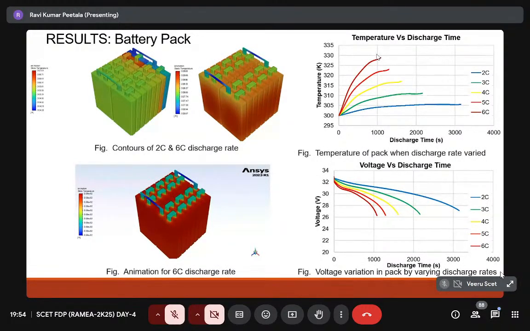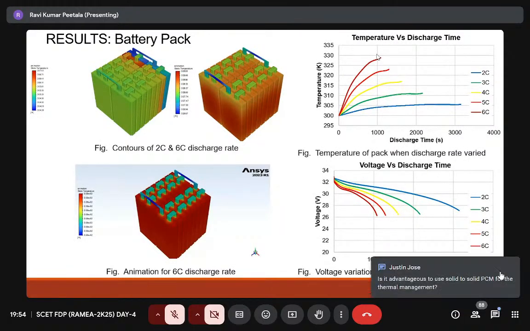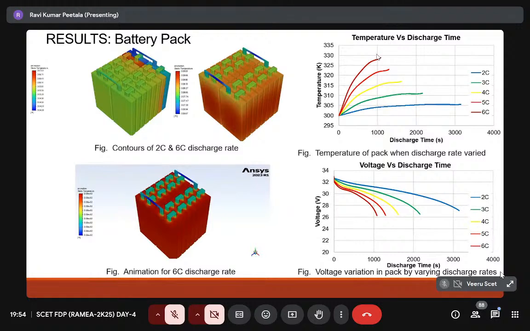It is the solid state battery, which is still under research only, not public. So these are the lithium-ion battery packs used in our automobile industries, like electric vehicles.